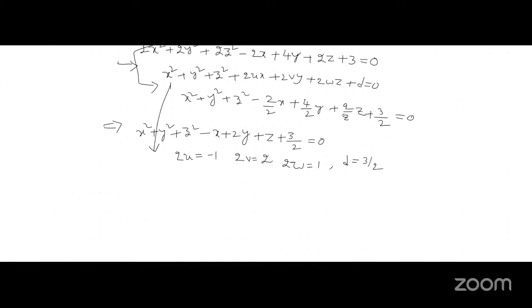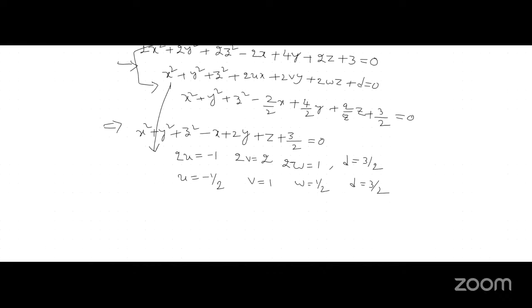Then u equals minus 1 by 2, v equals 1, w equals 1 by 2, and d equals 3 by 2.